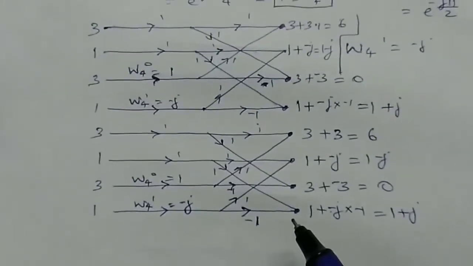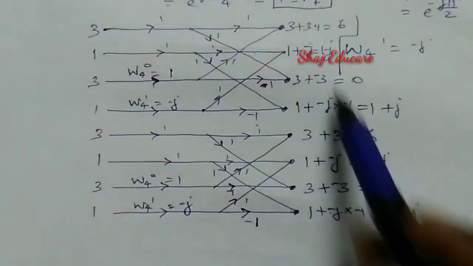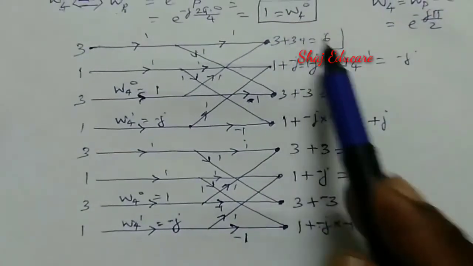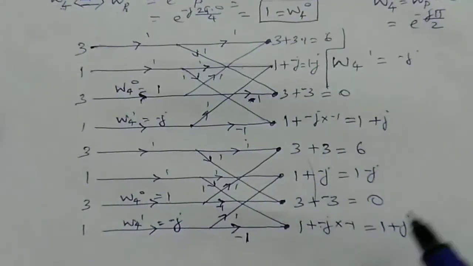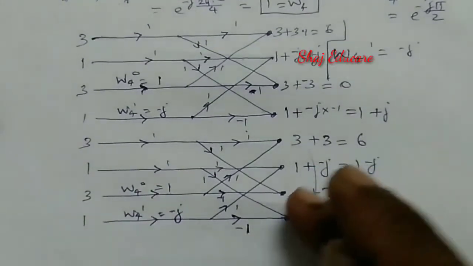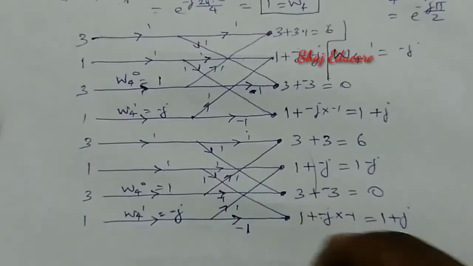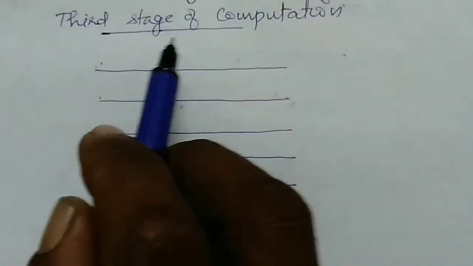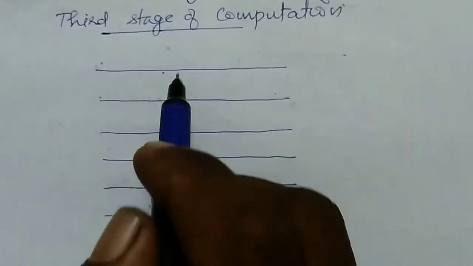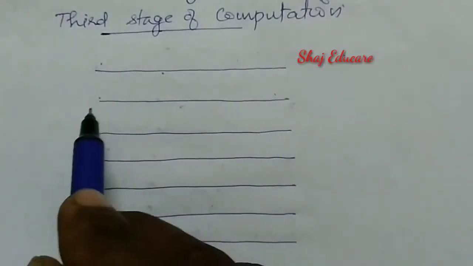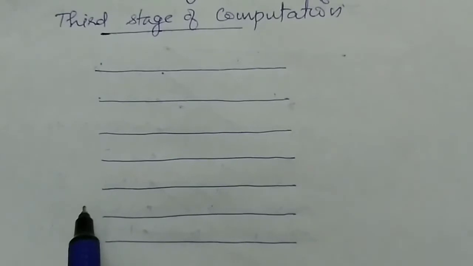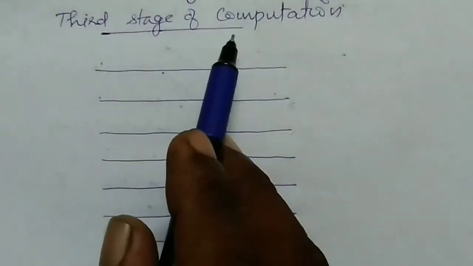Now the second stage of computation is over, and the output of this second stage of computation is going to be the input of the third stage of computation. Okay, now let us go through the third stage of computation. Here the input signals to this section are the output from the second stage of computation.